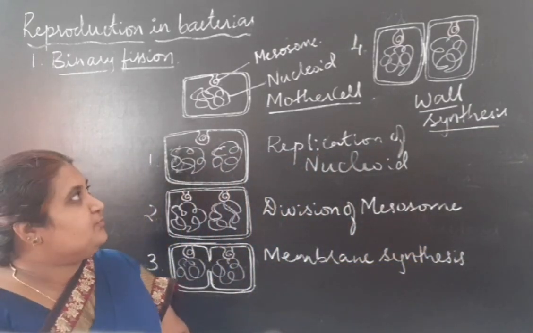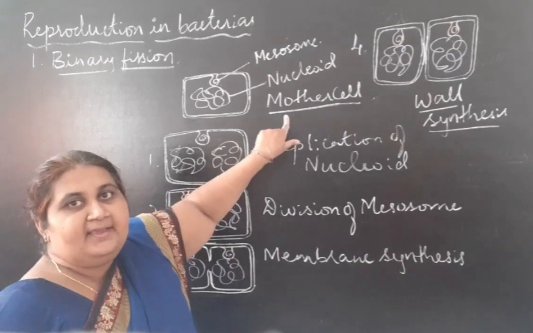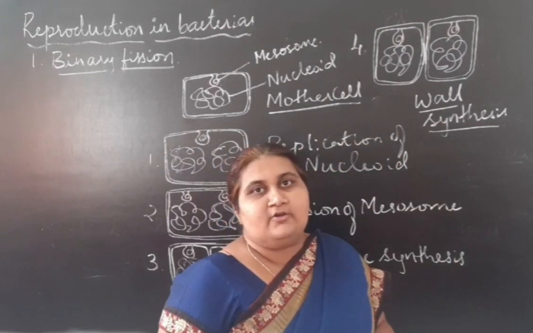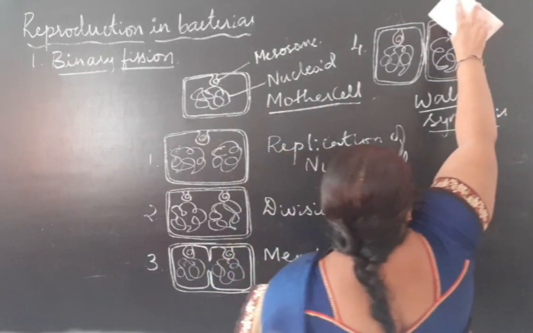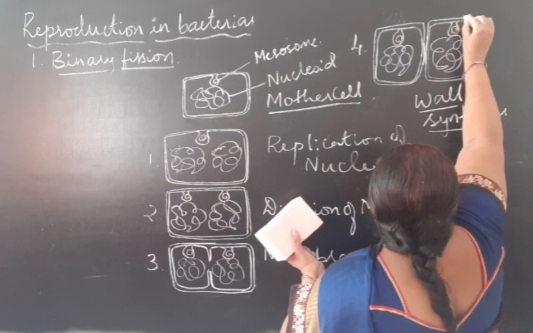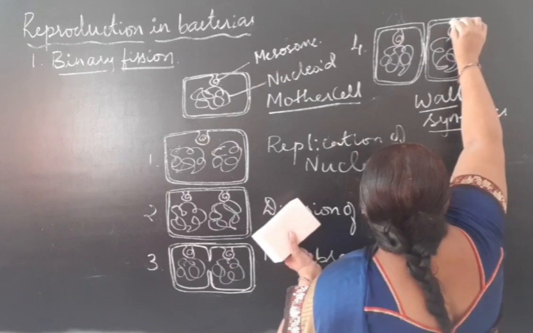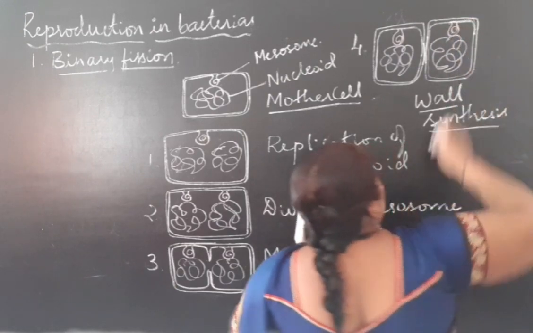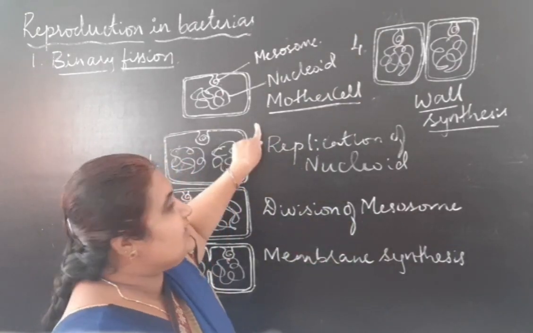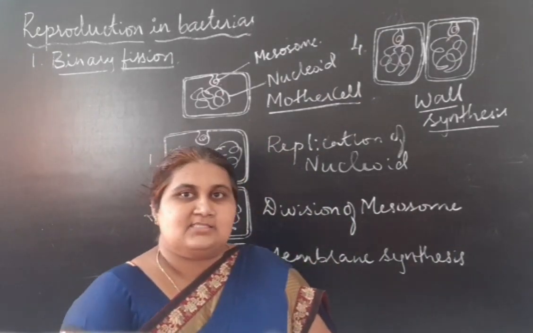Now you can see here a parental cell produces two new daughter cells, two daughter cells from a single parental cell.